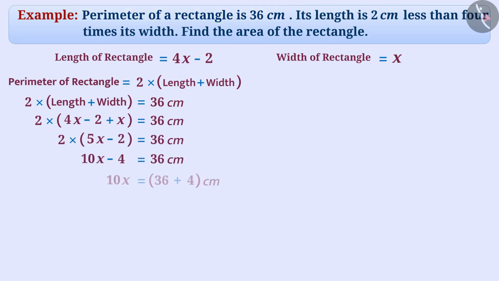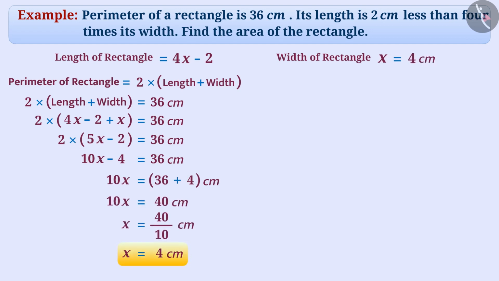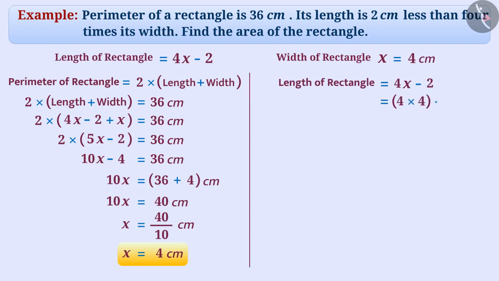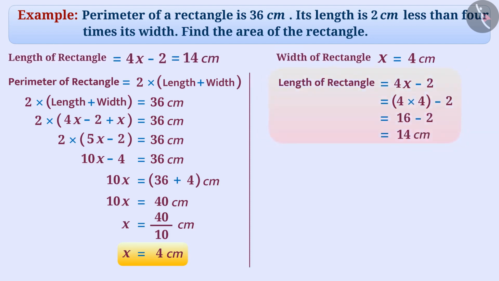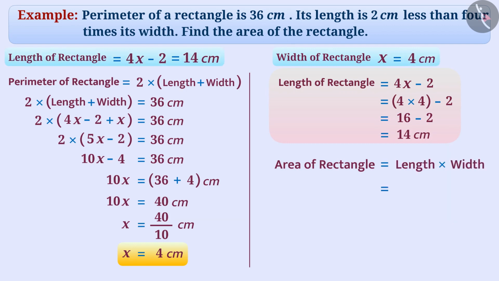On simplifying it, we will get the width of the rectangle, that is x is equal to 4 centimeter, and the length of the rectangle, that is 14 centimeter. In this way, the area of the rectangle of width 4 centimeter and length 14 centimeter will be length multiplied by width, which is equal to 14 centimeter multiplied by 4 centimeter, which is equal to 56 square centimeter.